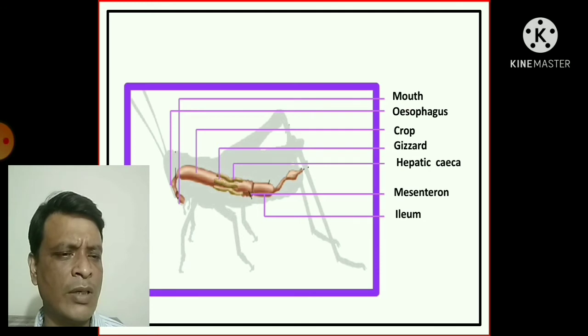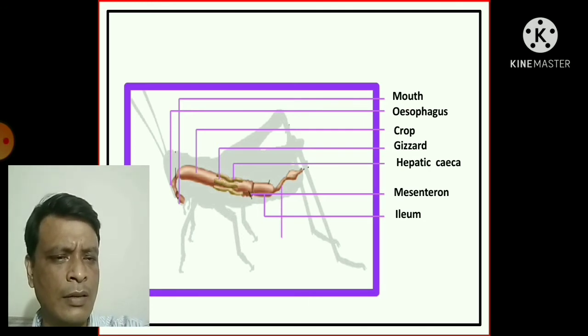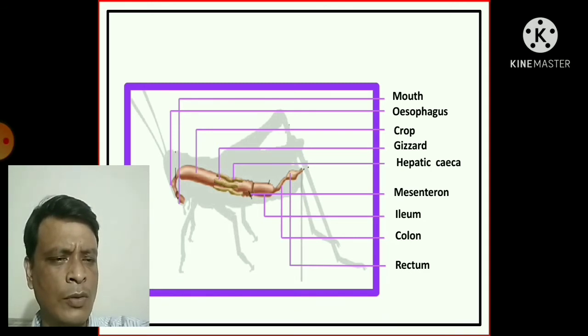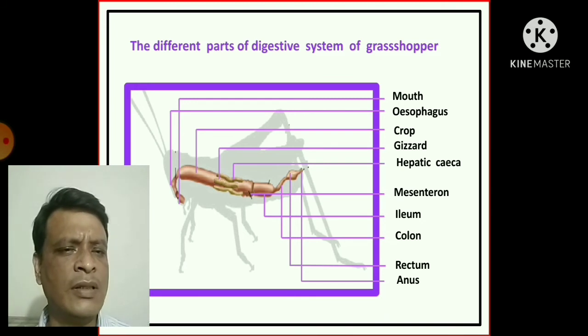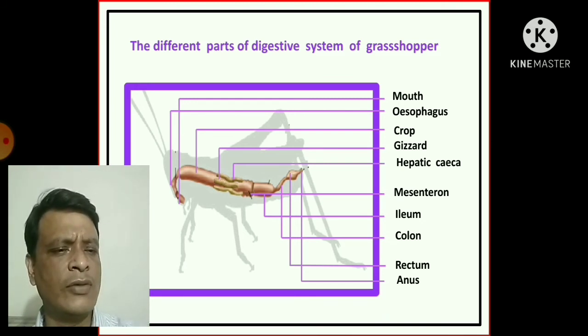Then the colon and the rectum, which is responsible for storing the stool, and finally the undigested food particles are eliminated through the anus. So these are the different parts of the digestive system of the grasshopper.